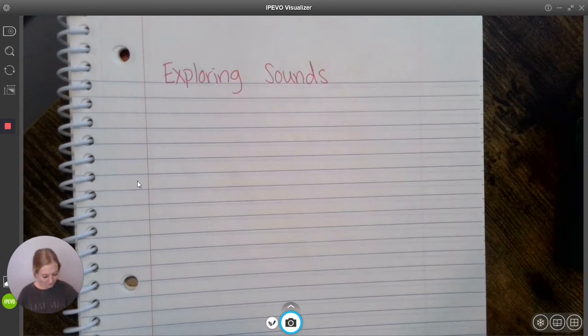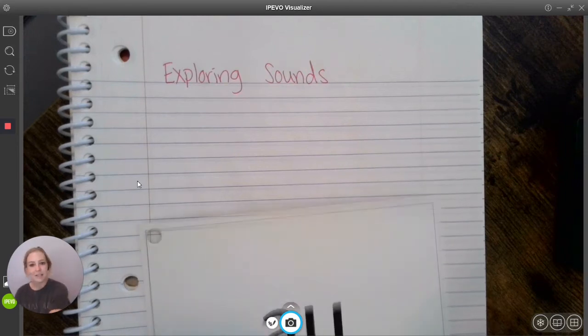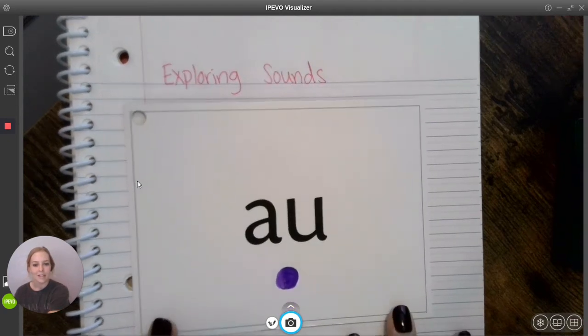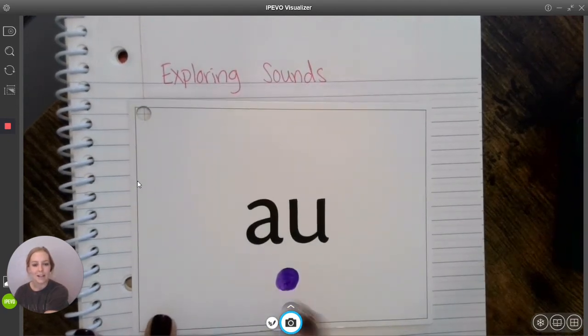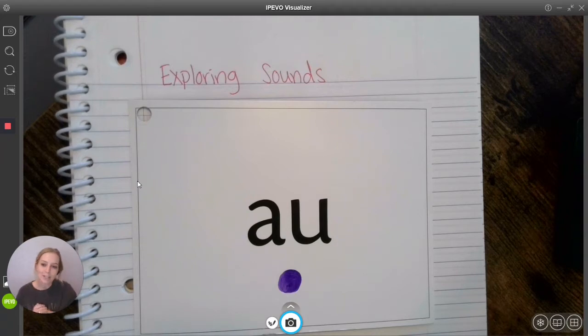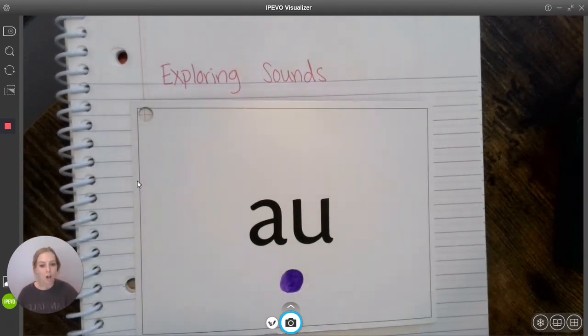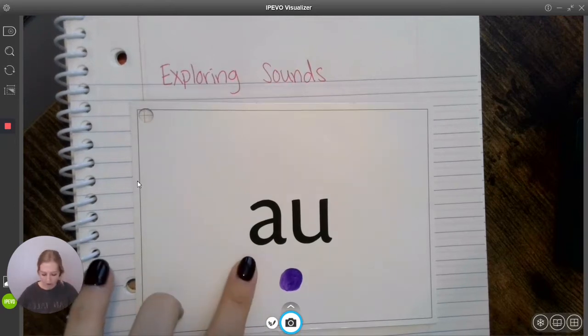Our first new sound is this one. As you can see, it has one sound because there is one dot underneath it. This sound is ah. Say ah. Good. This is broad ah.